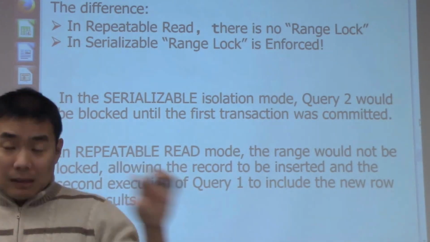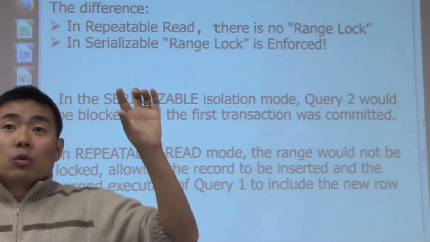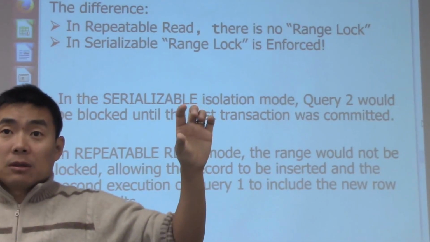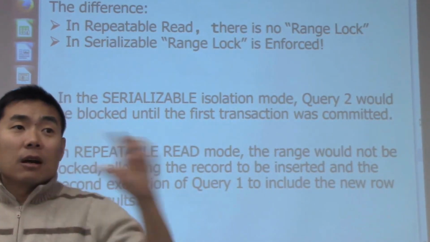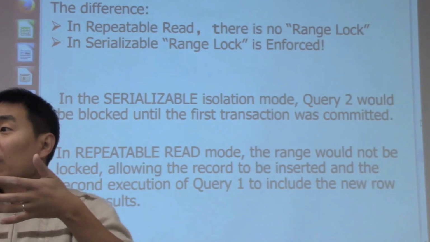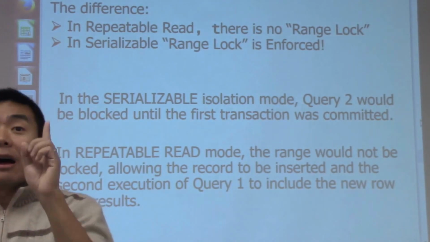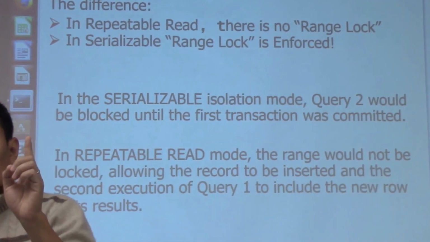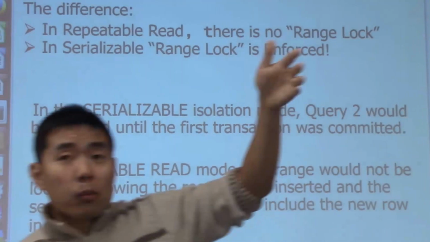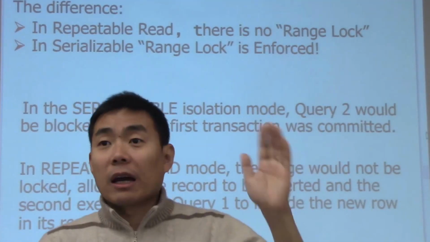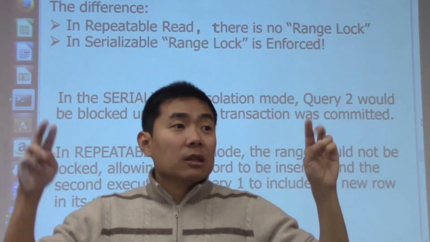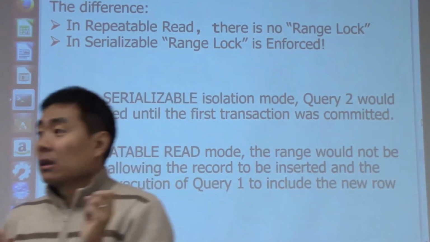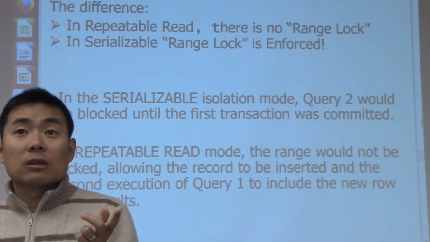Serializable is at the bottom. Repeatable read is the next level on top. When you go up like this, you increase the concurrency of your system, meaning more interleaving of actions from different transactions. However, there is more chance of abort and dirty read and all that stuff. In other words, less consistency in the way you're executing these transactions.